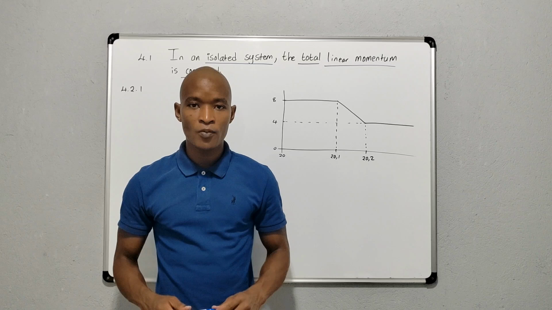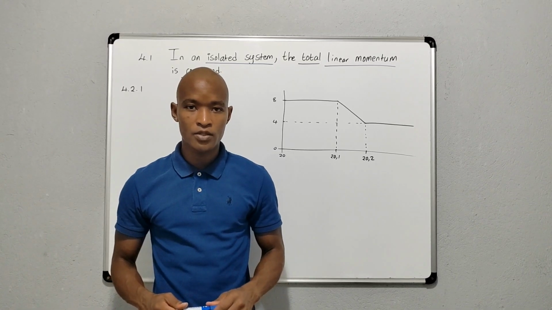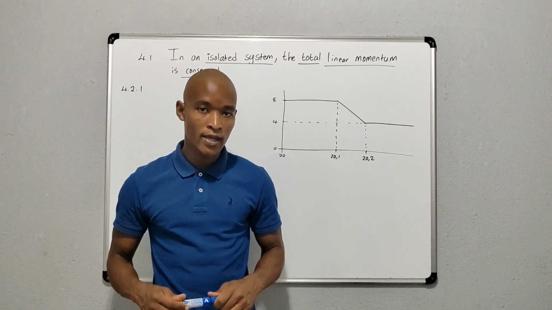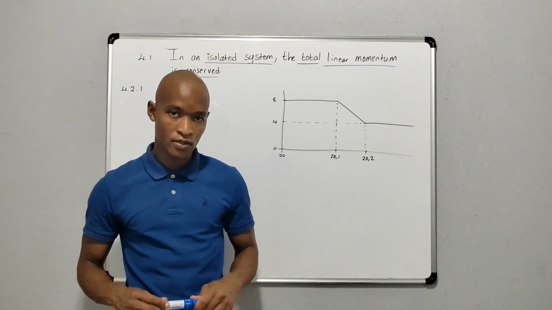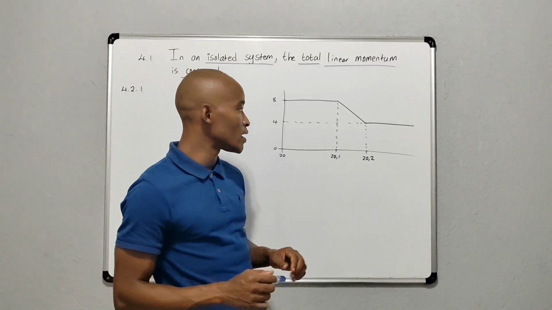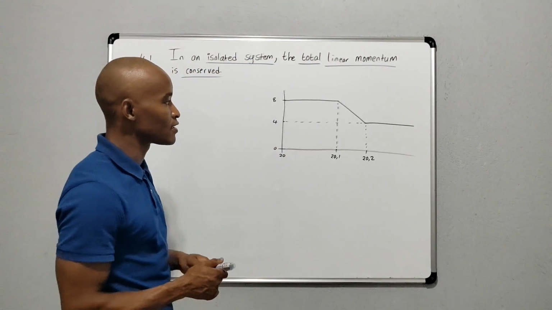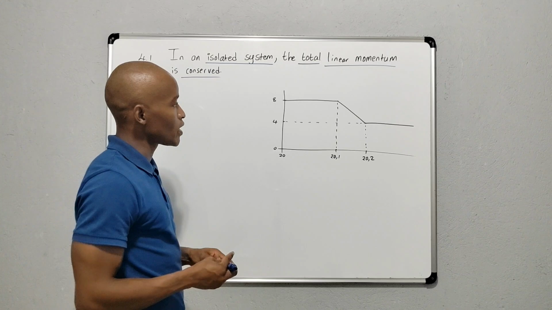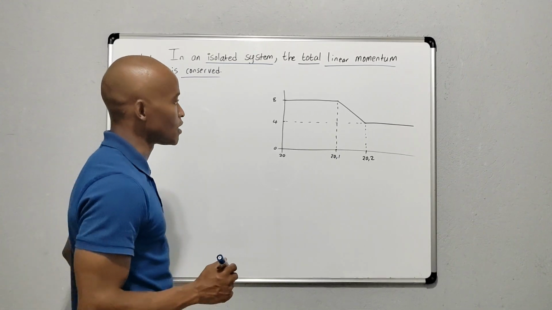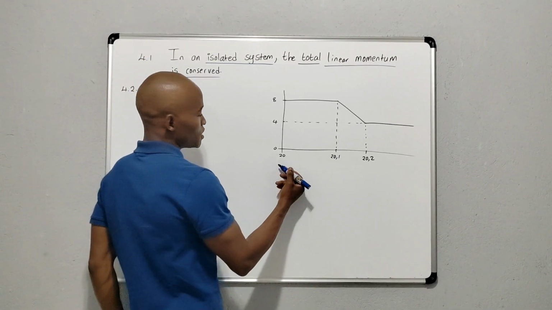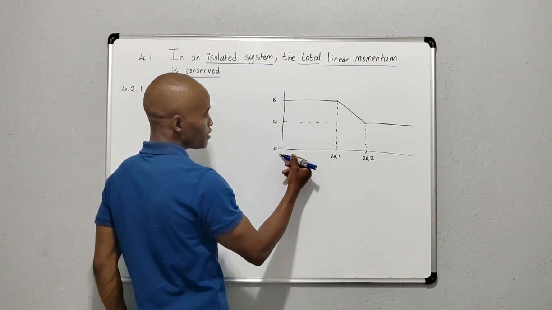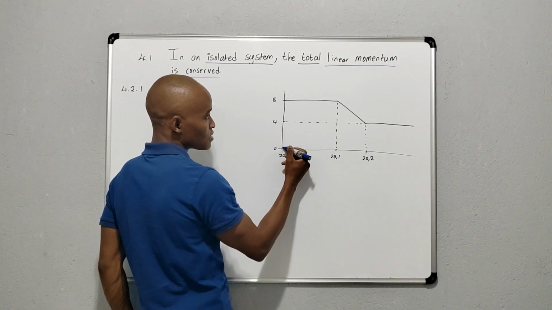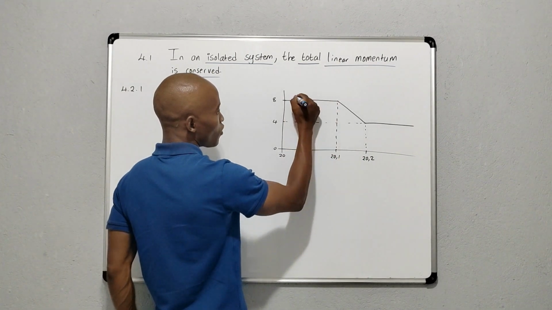All right, so 4.2.1, we are asked to calculate the velocity of trolley Y after collision. Before we do that, it's very important to understand the given sketch or graph so that we make correct use of the values. This is the initial velocity at, say, 20 seconds, before collision.